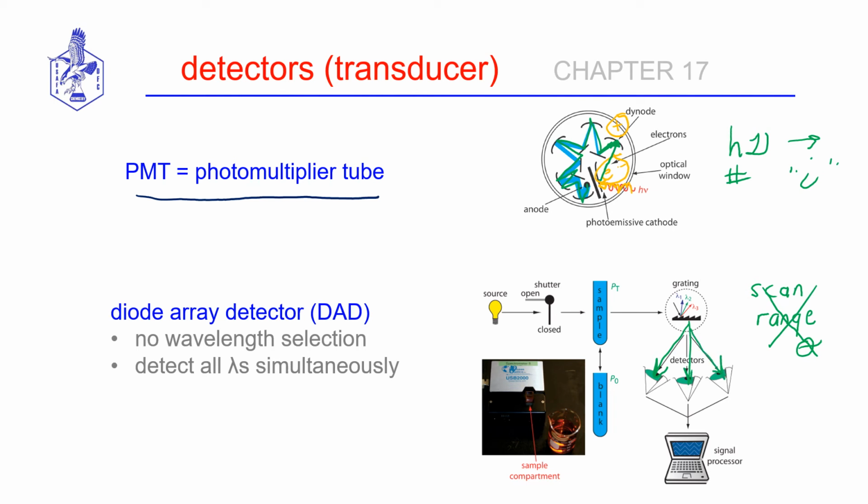This is a diode array detector, so we have many different detectors positioned at different angles. This is going to allow us to detect all wavelengths at the same time. The huge advantage is we're going to be able to collect our spectrum very quickly, since we collect data for all wavelengths at the same time. And that can be a huge advantage, as we'll see in the next slide.